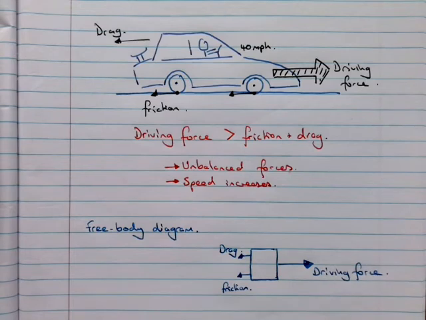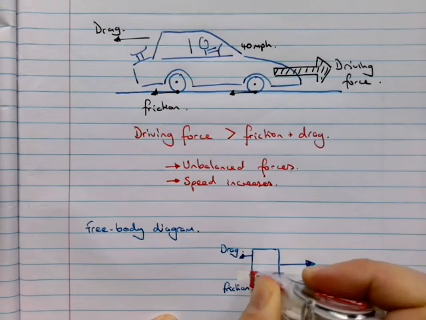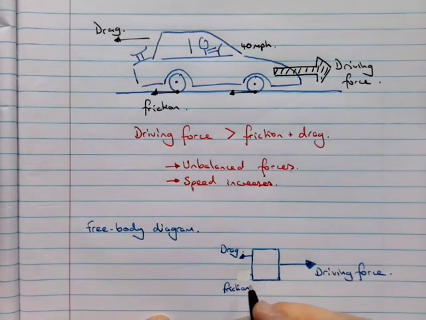Now, let's suppose that I decide I'm going too fast and I want to put the brakes on. Putting the brakes on is going to increase the amount of friction. So I'm going to get rid of that force and replace it with a much bigger friction force.